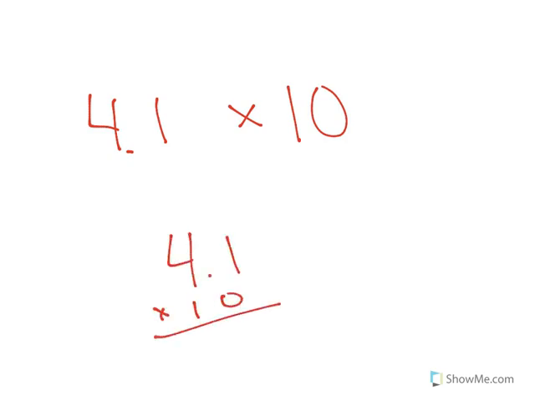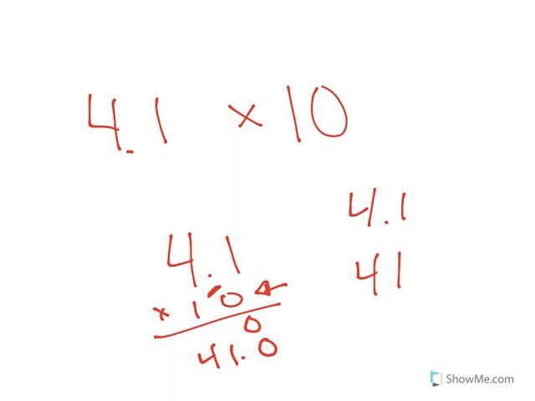When you do a problem like that, you're always going to get 0 first, because there's a 0 right there. Then you put your placeholder 0, and since it's by 1 in the other one, all you do is write it in. There's one decimal, so your answer is going to be 41. So you go from 4.1 to 41.